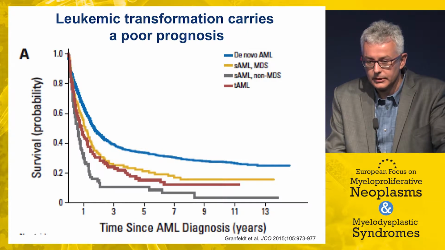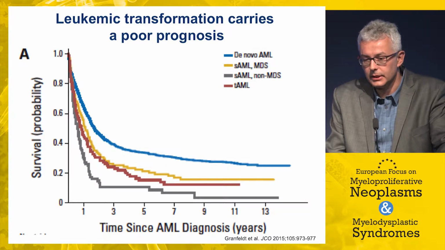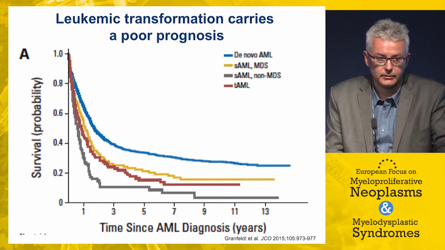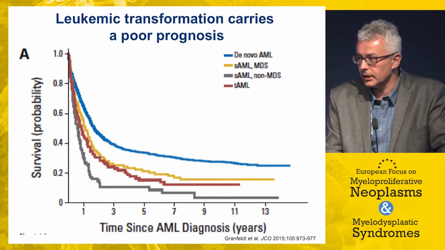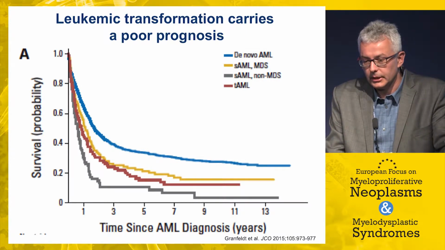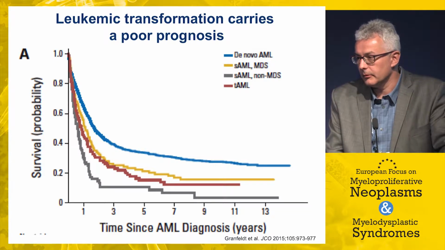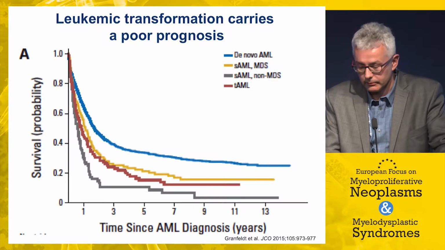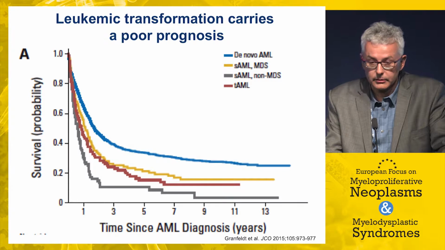The worst one is the gray line, and the gray line is secondary AML, not MDS, which is the one that we are talking about now. This is the secondary to MPN. So MPN-related acute myeloid leukemia has really a very bad outcome, and we all know that. That's the worst outcome of all if we can talk about subtypes of acute myeloid leukemia.